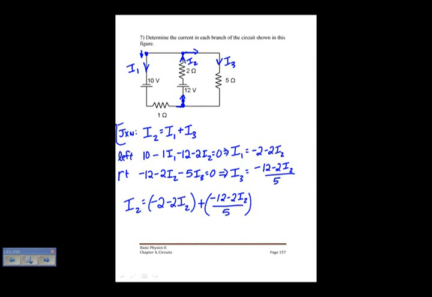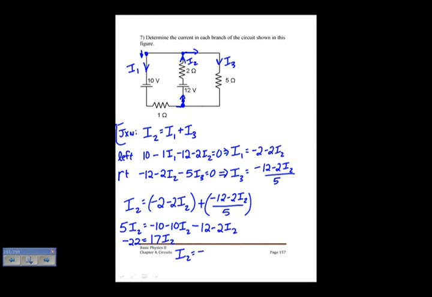I'll multiply both sides by 5. 5I2 equals negative 10 minus 10I2 minus 12 minus 2I2. That gets rid of that 5 in the denominator. Then I will combine my I2 terms and my numbers, and I get negative 22 equals 17I2. And then solve for I2.